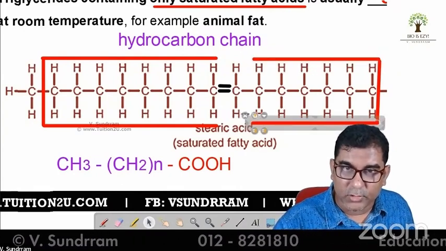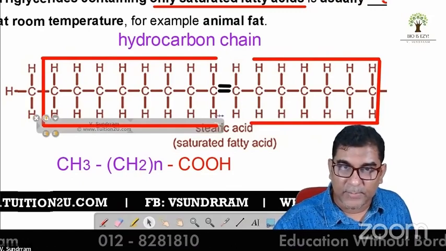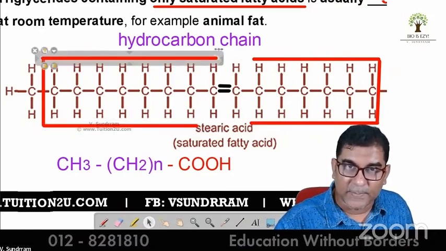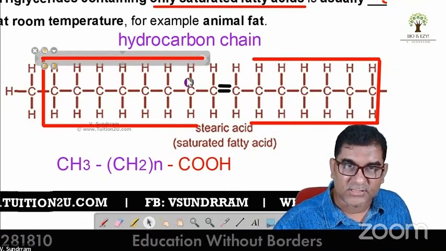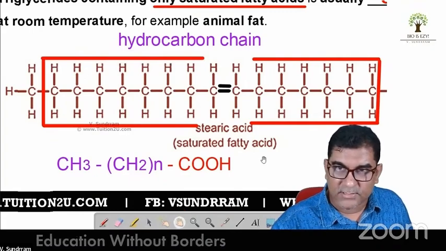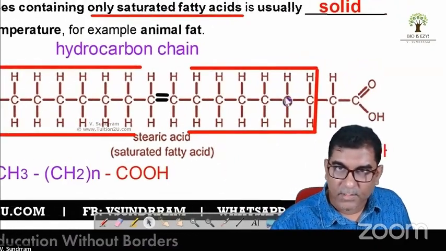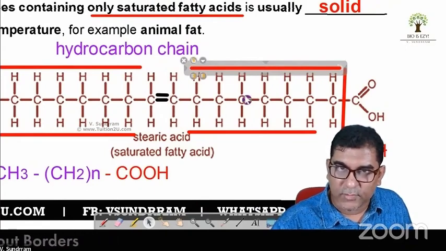We don't include the one that has double bond. So that means how many carbon on this side? 1, 2, 3, 4, 5, 6, 7. 1, 2, 3, 4, 5, 6. That means there's one more inside here. So if you continue, 1, 2, 3, 4, 5, 6, 7.